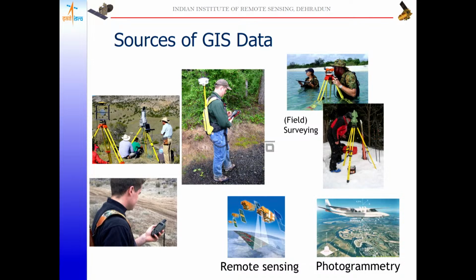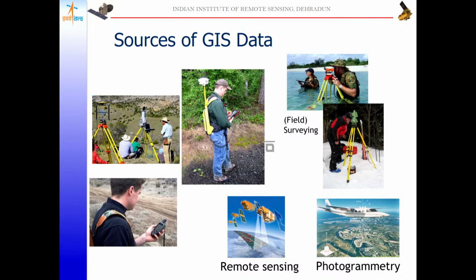What will be the source of the data? Then how can it be created? And when it is being created, what are the data models to store the data? When we shortlist our model to store the data, we need to narrow down to the format to store the data. So we'll focus on these things one by one.